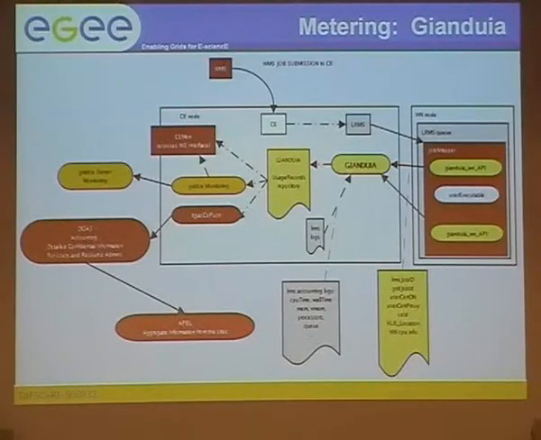The most important thing to know is that this sensor system aggregates the batch system accounting logs with grid-related information and stores all the information for each job in a repository that can be used by the DGAS service, but also by other services that need to have access to job usage records in a grid-friendly way.